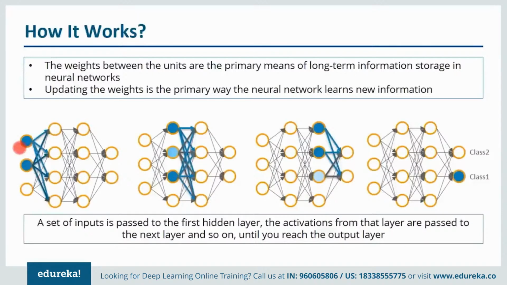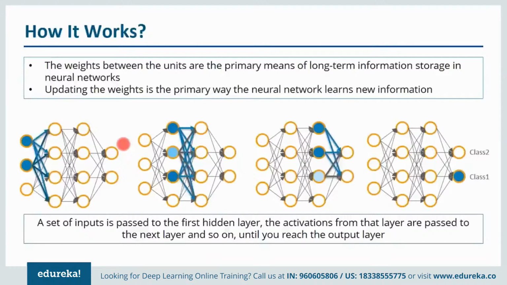Now a set of inputs is passed to the input layer, and the output of the input layer is passed to the first hidden layer. Then after the activation function of the first hidden layer, the output is passed to the next hidden layer as the input, and similarly finally we get the output. Now you must be wondering how the model learns from here. The model learns by updating the weights, and the algorithm it uses is called backpropagation.